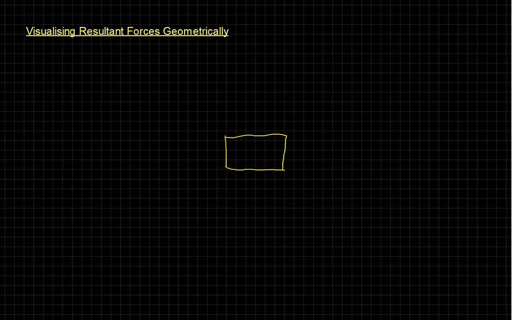I've got one force acting this way. I'm not going to say where it's coming from, but it's acting on the box in this way. Perhaps I've got another one like this. Maybe there's a third force like this. So we've got three forces, and for any object, you've got all these forces acting on it.